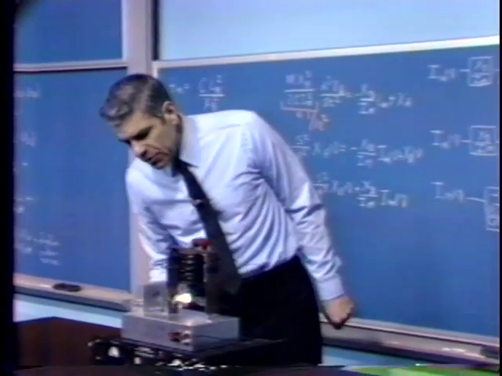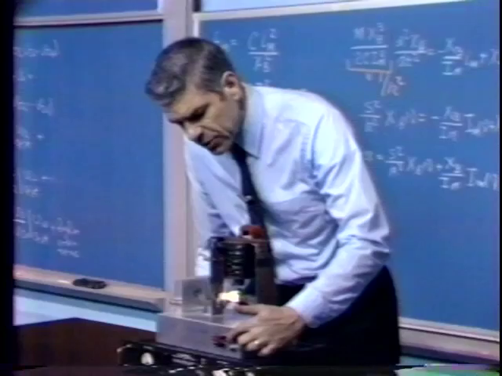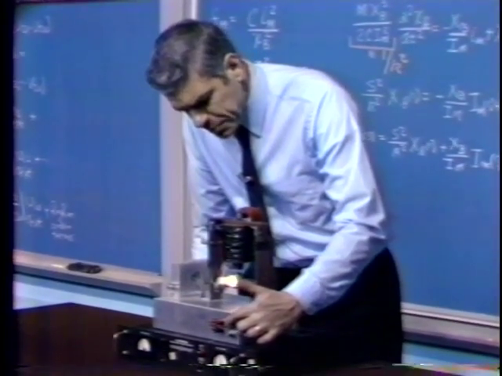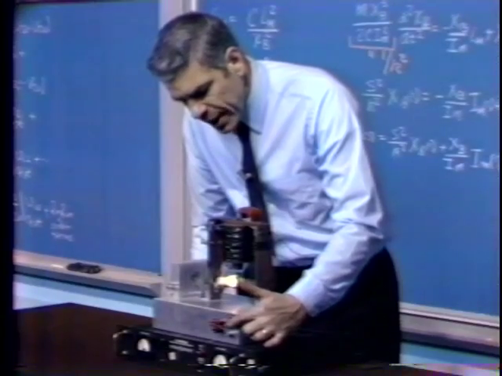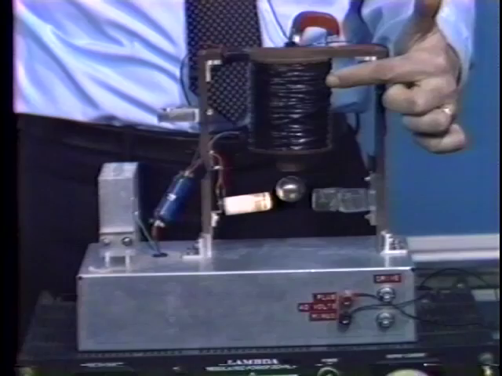There are a couple of additional points on the box that I haven't used in this demonstration, but one of these is a drive point, and what that allows me to do is inject another little current on top of the magnet current.